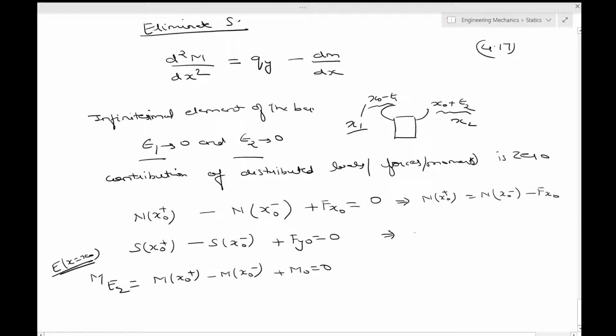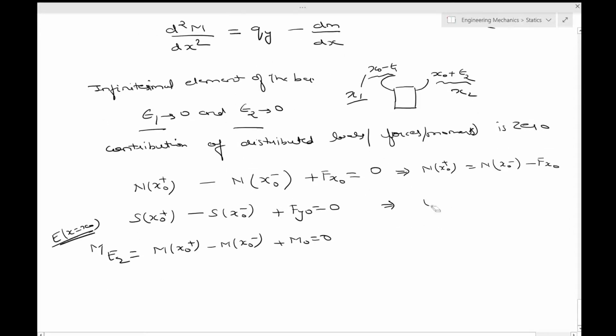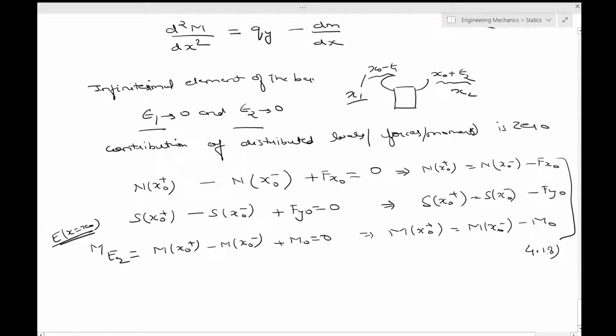This also gives us S of x naught plus equal to S of x naught minus Fy naught, and M of x naught plus equal to M of x naught minus M naught. So this is 4.18.